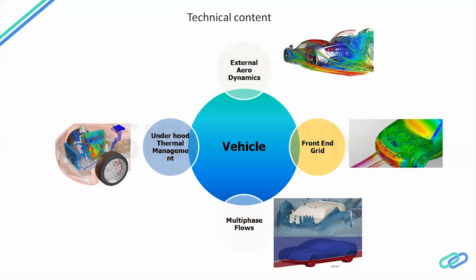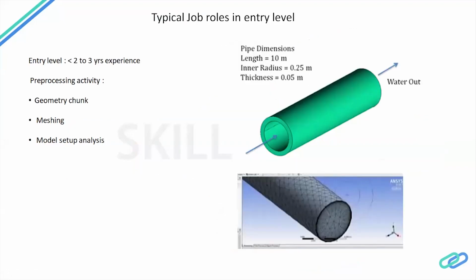Sometimes it may enter the cowl, or it may enter the engine inlet or air intake. It may cause damage, or sometimes the water may enter the electrical appliances, where there are chances of damage to electrical parts. So this group studies the behavior of water when the vehicle is moving in a pool of water.